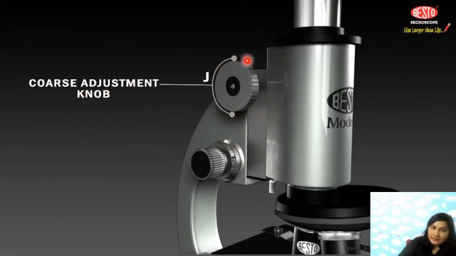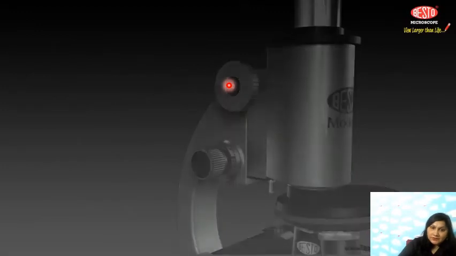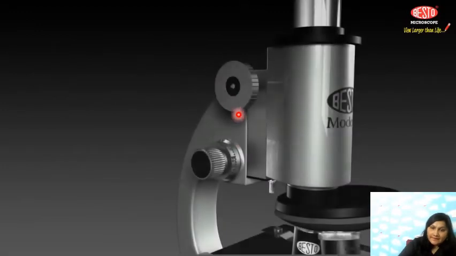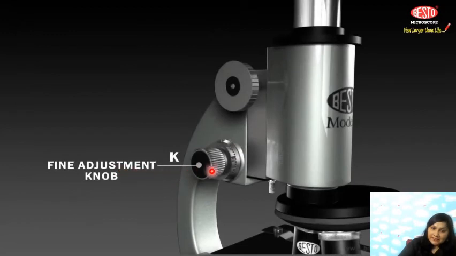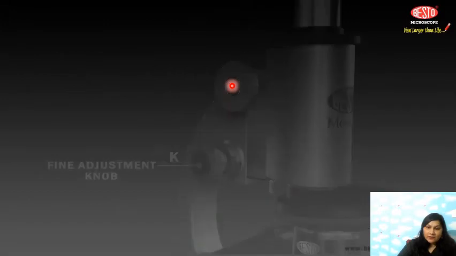I will explain the use of different knobs in this lecture only. This is the fine adjustment knob. These two knobs are used to get a clear image, to adjust the distance of objective lens from the object.